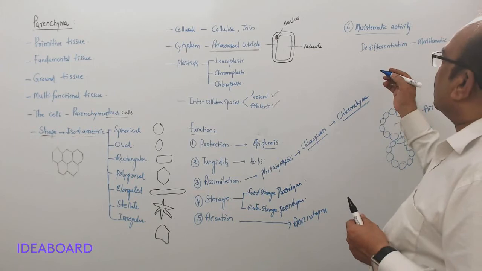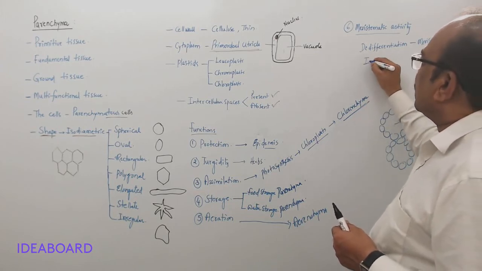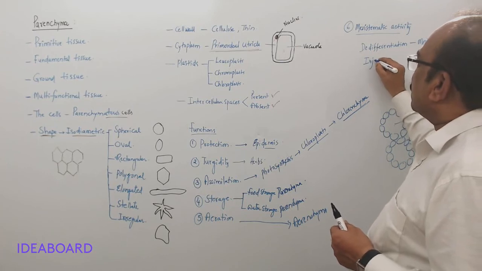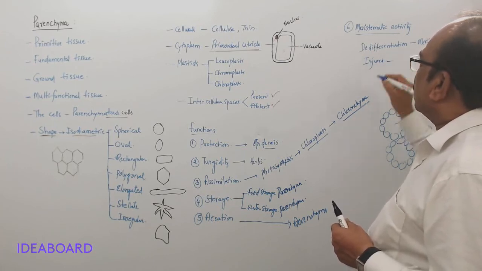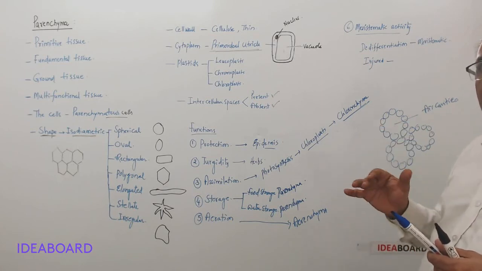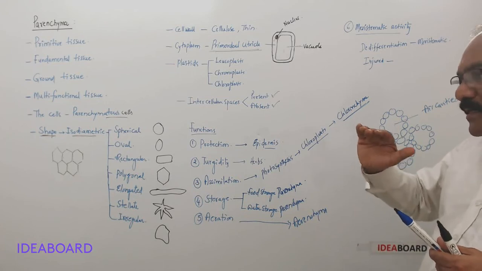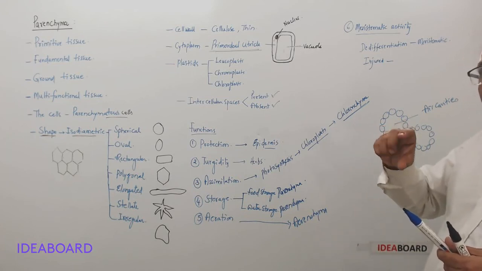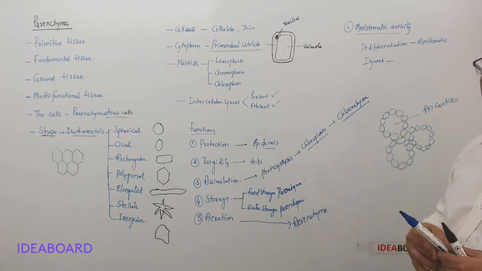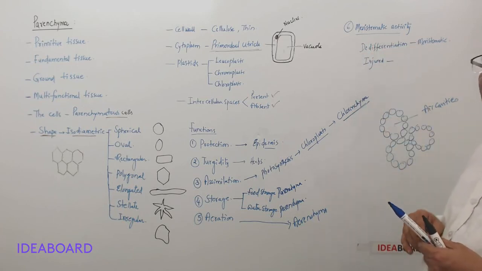What examples can we quote here? Suppose the stem is injured. The wound gets healed with the filling of that wound with new cells. How are these new cells formed? Due to the parenchyma.